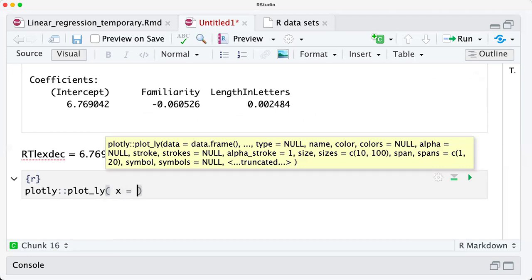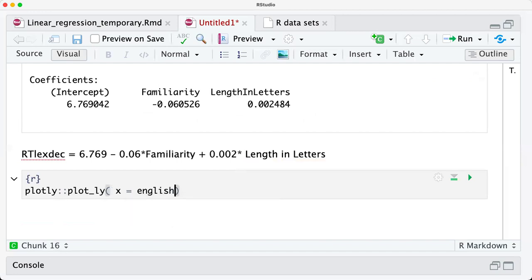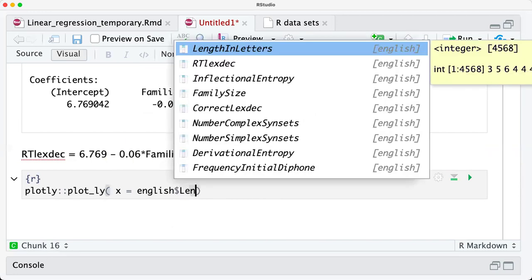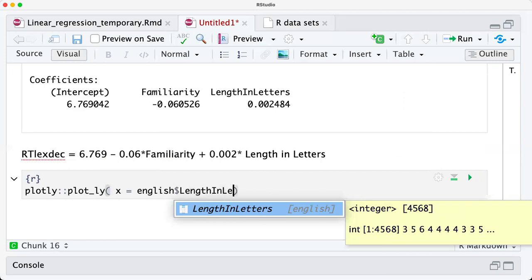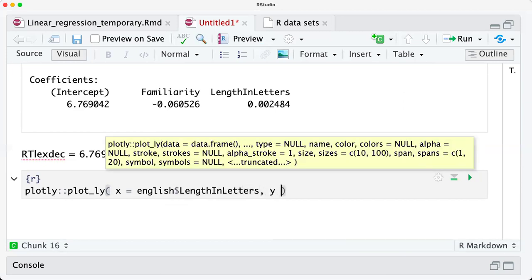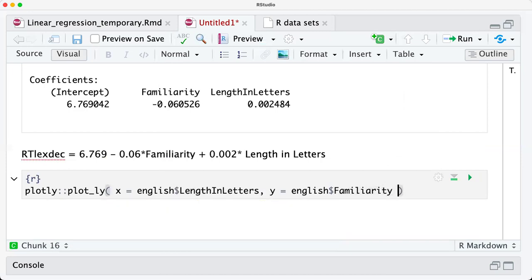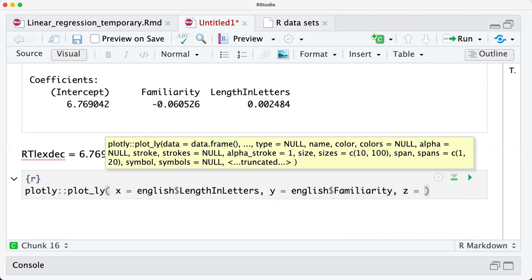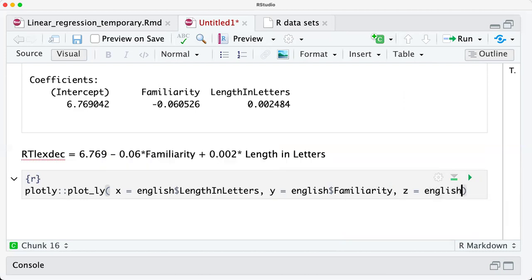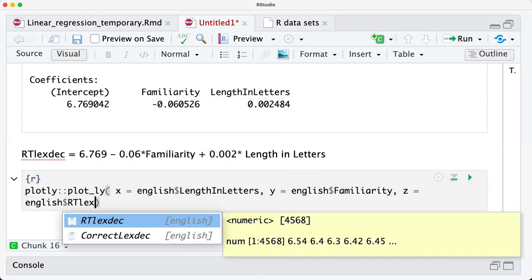So x is, say, the length in letters, y is the familiarity, and z is what we are predicting, the reaction time of lexical decision.